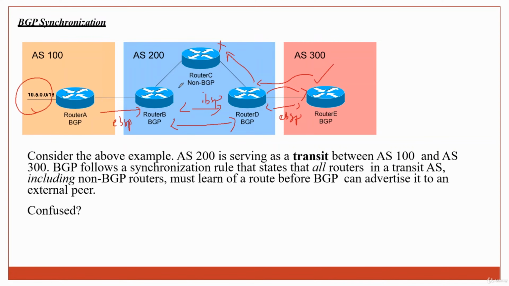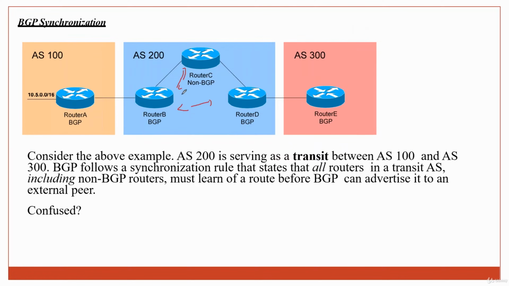So what is the rule then? The rule here is that you should have an IBGP relationship between all the devices, correct? That's the rule you have. You should have this type of full mesh topology, and that's the reason we use other technologies like confederation or route reflection.